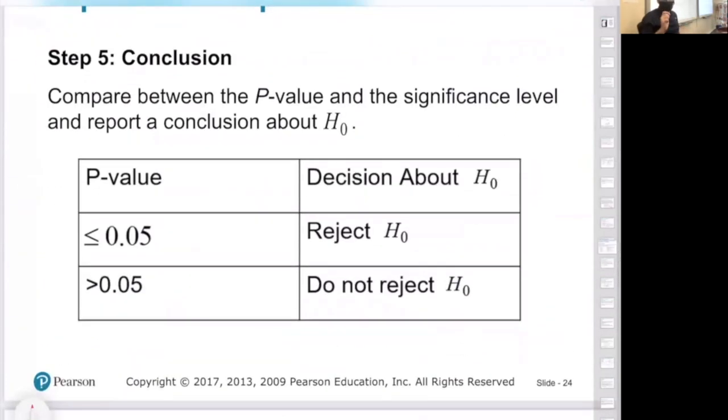You reject the null hypothesis if the p-value is less than 0.05. But in our example, the p-value is 0.4. It's greater than 0.05. So we will not reject the null hypothesis. We don't have enough evidence to reject the null hypothesis.